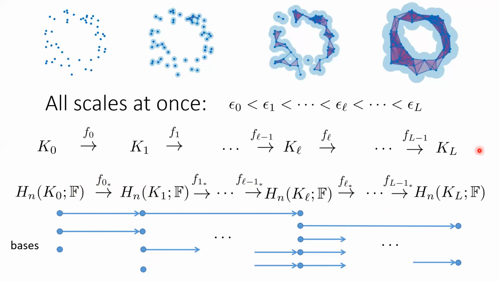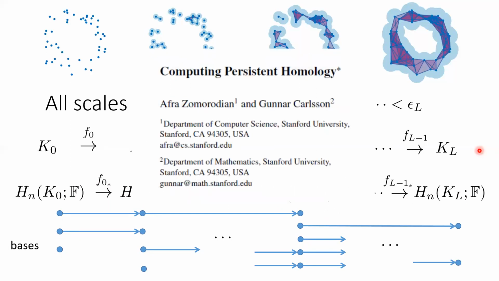The algorithm and the breakthrough for actually doing this was described in this paper, Computing Persistent Homology by Afra Zomorodian and Gunnar Carlsson. And these have opened the floodgates, right? Because now there is a well-defined algorithm for changing all these bases at the same time and putting them in a correspondence that allows you to track how homological features change from left to right, or in other words, across scales.